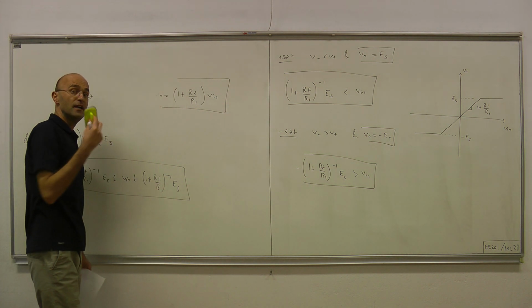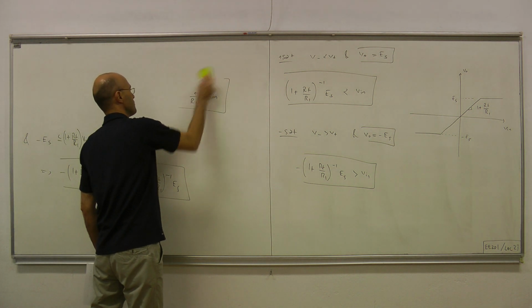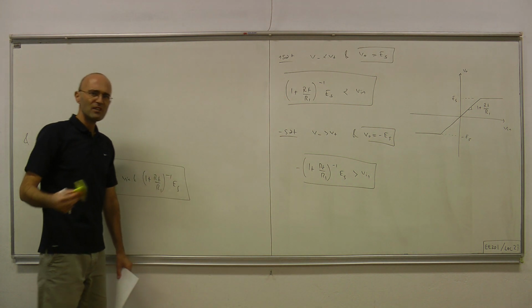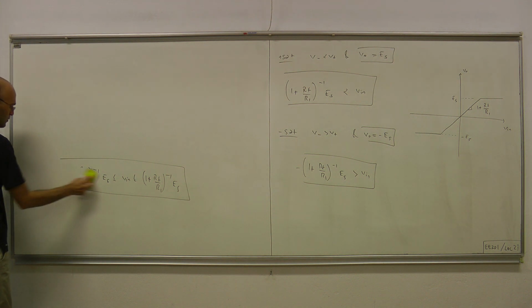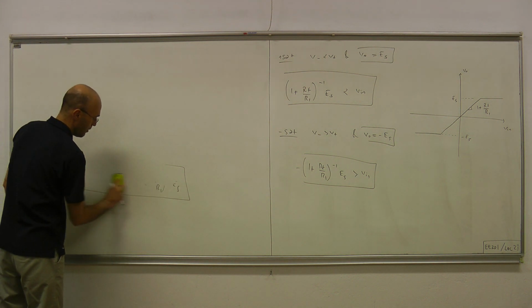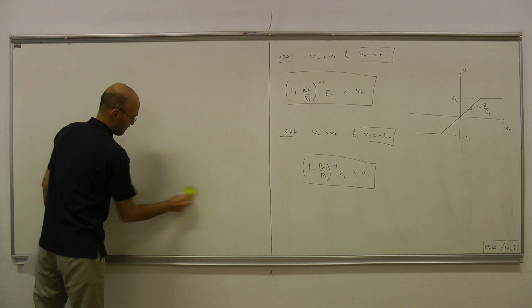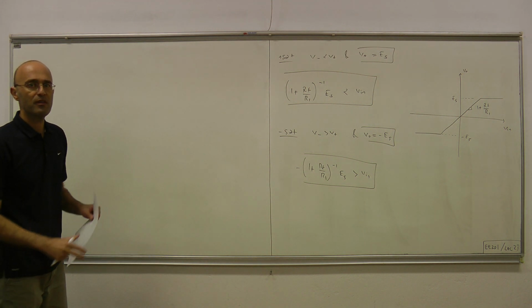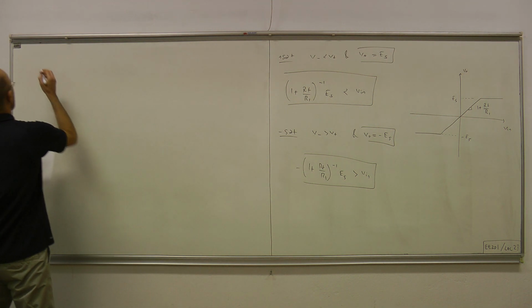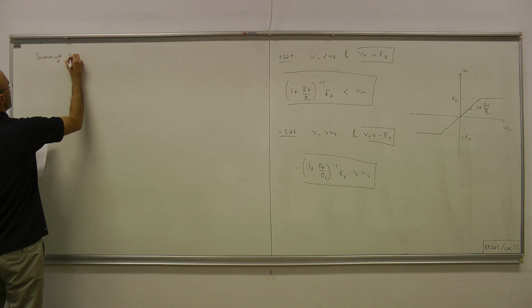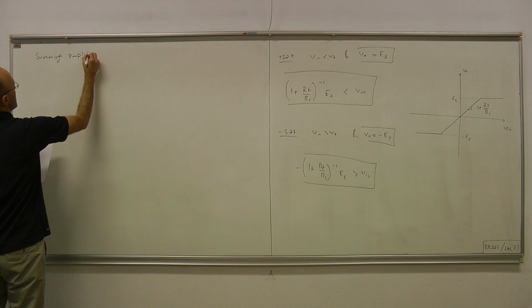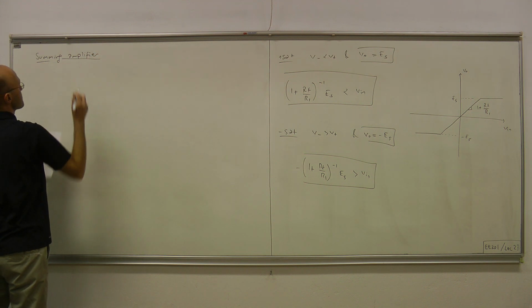Namely, you can do addition, you can do subtraction, you can even do differentiation and integration with very simple topologies. And now we're going to see how that's possible. Let's start with summation. Summing amplifier.